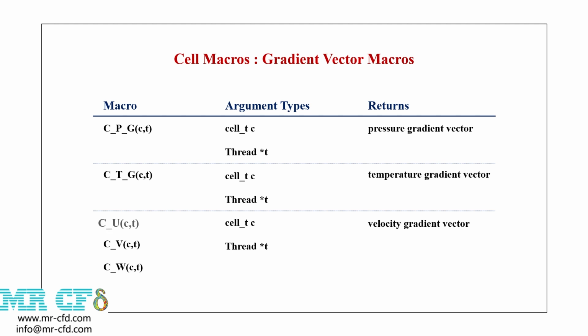The C_U_G, C_V_G, and C_W_G macros respectively represent the gradient vector of cell velocity in different directions. These macros all consist of two arguments. The first one represents a variable that is the place to receive information about each cell from the cell thread, and the second one is a pointer to the cell thread.